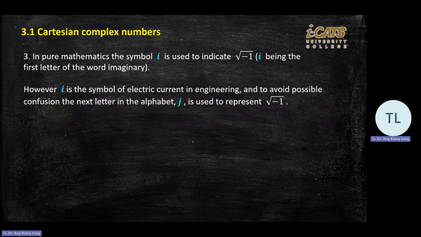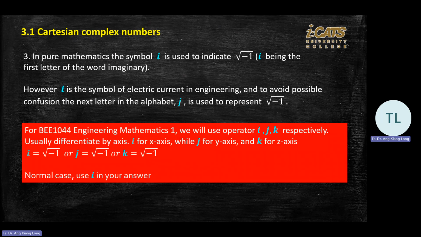Okay, the rest you read. I already explained. We sometimes use j because you are dealing with electric current, just not to confuse the calculation. So these are just some extra notes, meaning you have i, j, k depending on the axis as you move on to your core subject in aerospace.